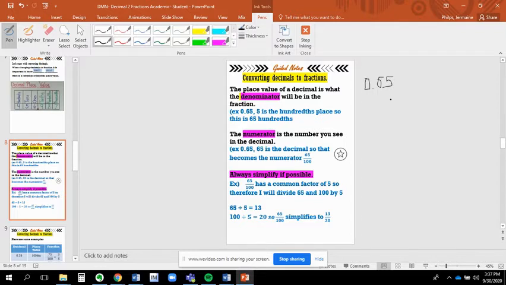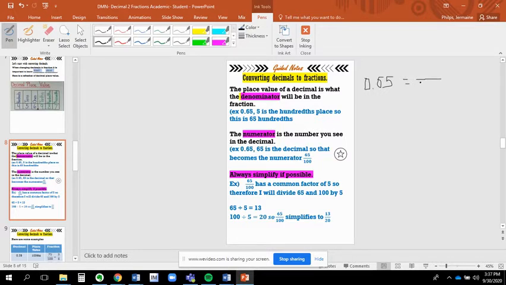In this case, the 5 is in the hundredths place, so I won't say 0.65, I will say 65 hundredths. Since it's in the hundredths place, that means that my denominator on my fraction is going to be 100. Whatever place value it's in will decide what the denominator is.